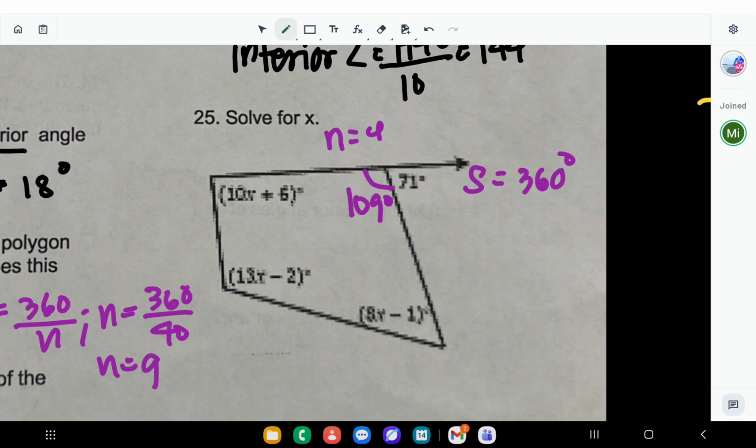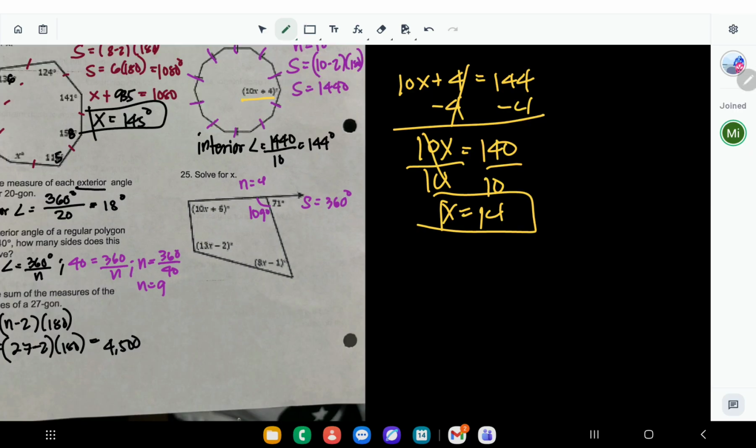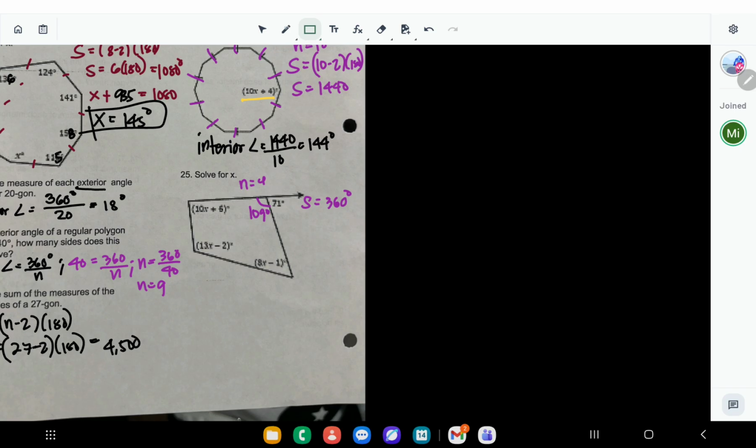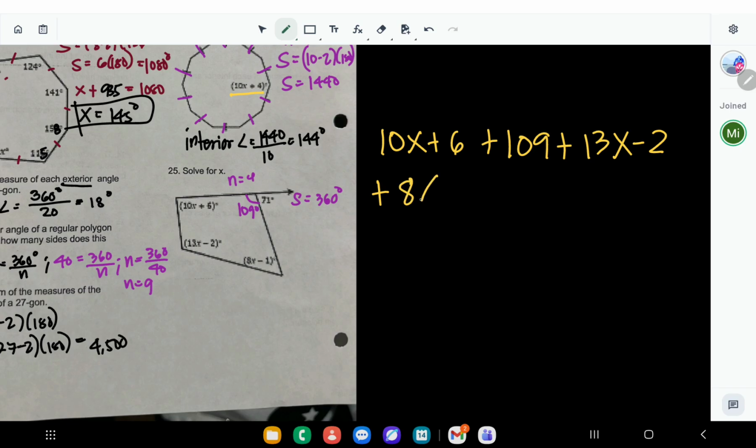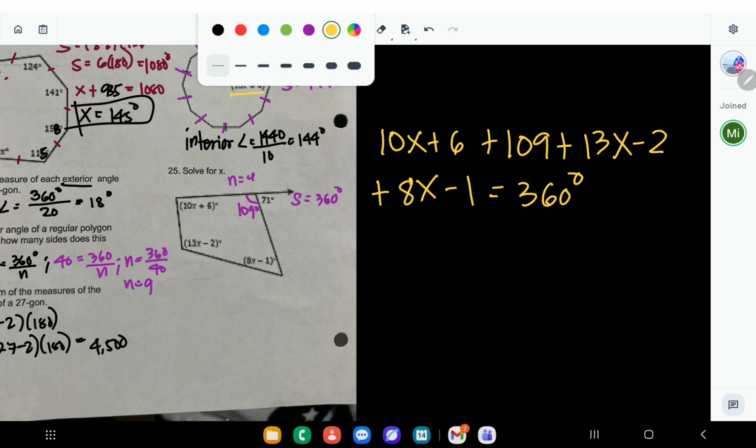And then we add up everything. So that is 10x plus 6 plus 109 plus, is that 13x minus 2 plus 8x minus 1? Okay.